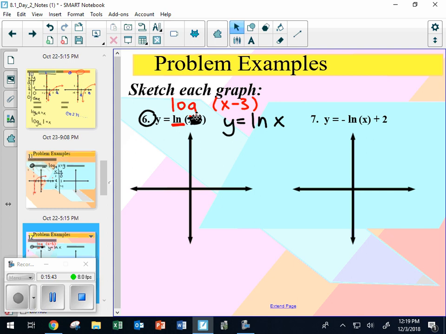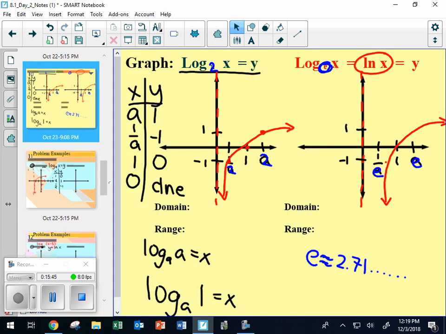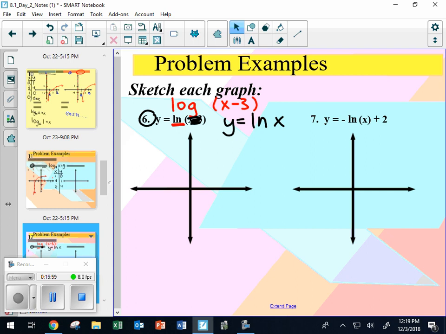If we look up at a previous slide over here, wasn't this side over here just the natural log of x? So you could take this graph here and just copy it onto this new one that we're doing right now.